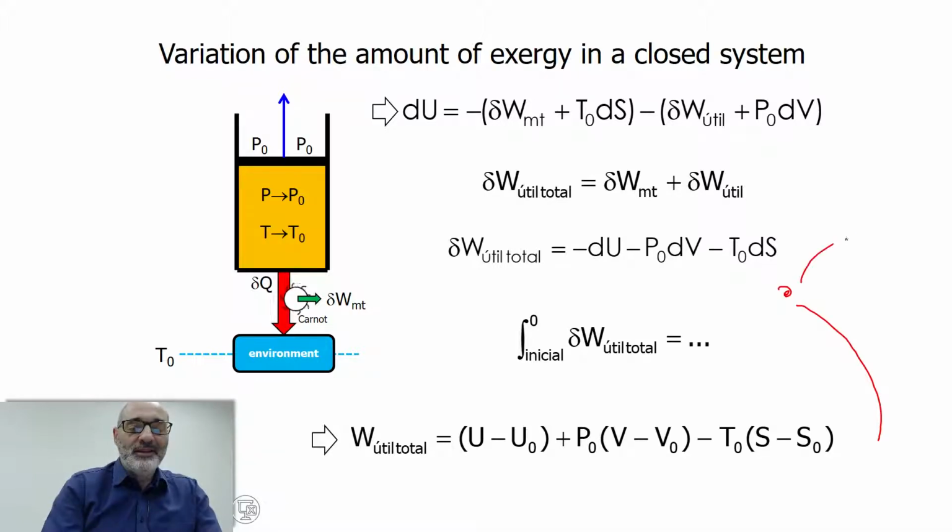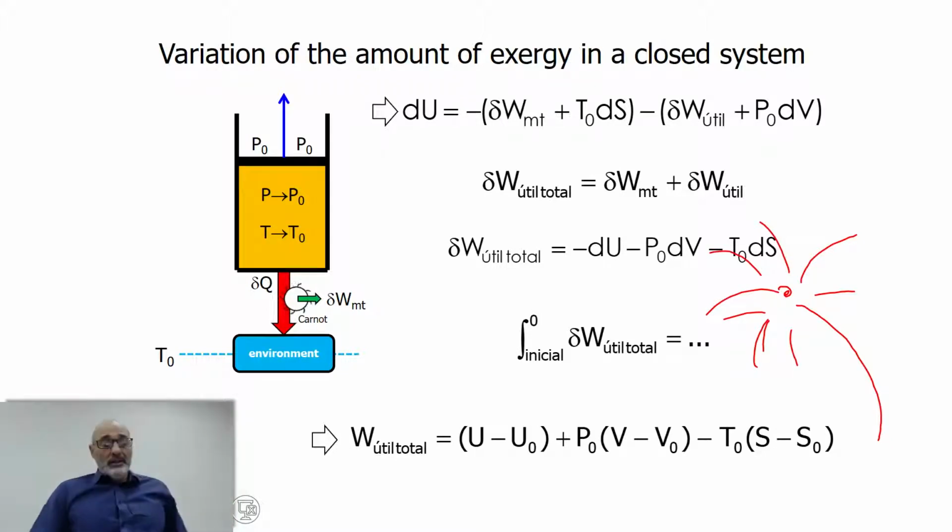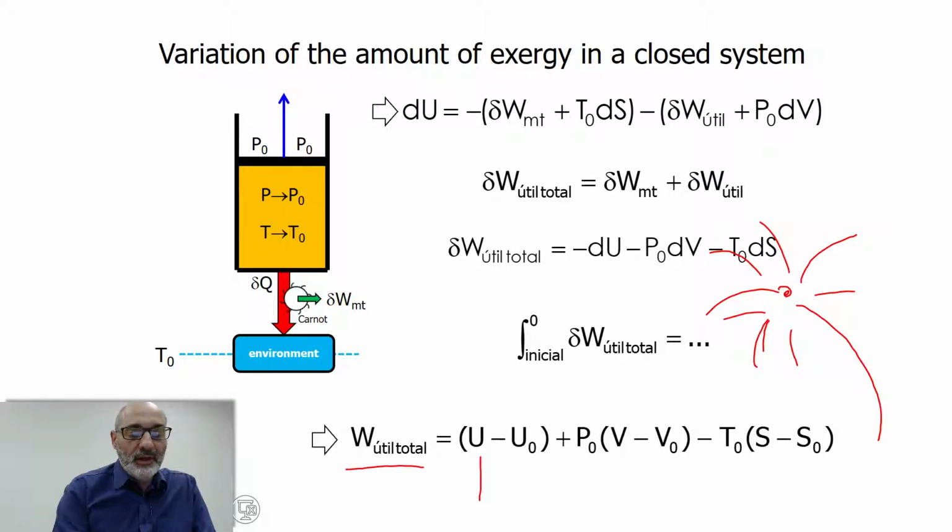Finally, this is what we were looking for, okay? And this is the total useful work calculated in terms of thermodynamic properties of the system at pressure P, temperature T, okay? U is its internal energy, V its volume, and S is its entropy at pressure P, temperature T, okay?